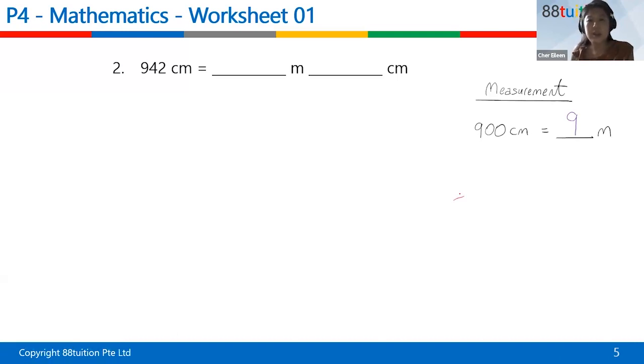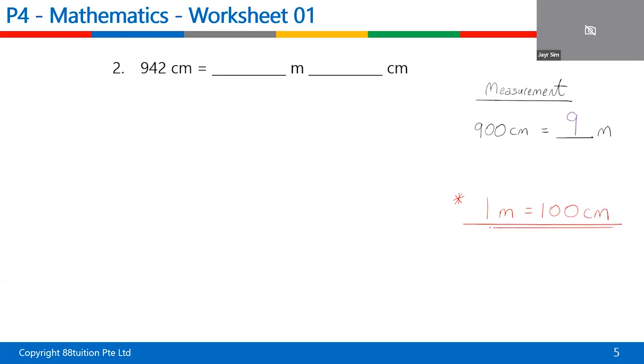So for example, I think all your height here should be about 130 cm? Around there? Who's taller than that? Are you about 1.3 meter? 100 cm is 1 meter. So every time you measure your height, we are all about 1 meter something. If you see anyone who hits 2 meter, 200 cm, he is very, very tall.